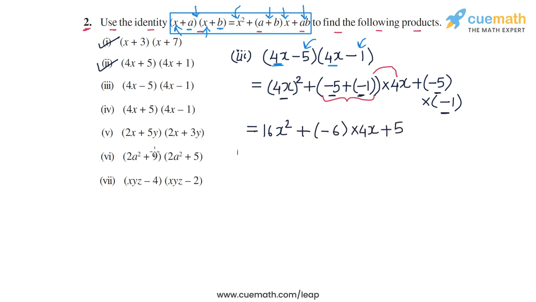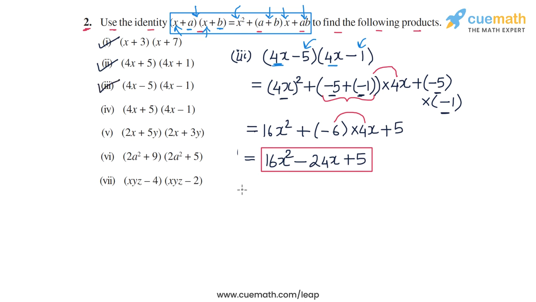Okay, now in the final step, we multiply minus 6 with 4x, so minus 6 into 4 is minus 24. So we will get 16x² - 24x + 5. So this expression, 16x² - 24x + 5, this is the product in part 3.